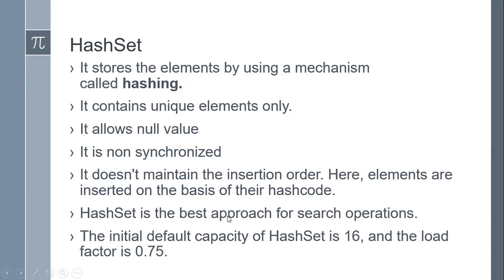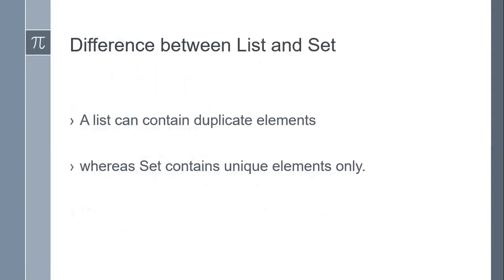HashSet is the best approach for search operations because the elements inserted in the HashSet are based on the hash code. The initial default capacity of HashSet is 16 and the load factor is 0.75.